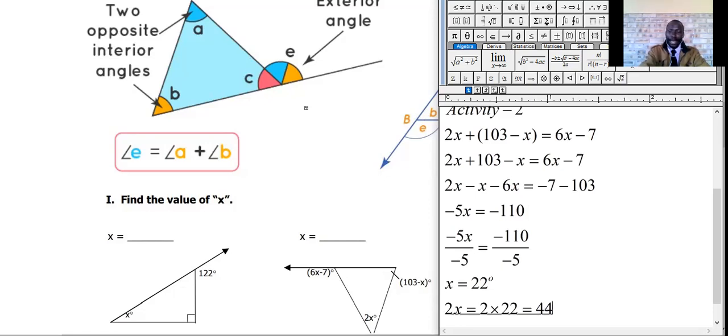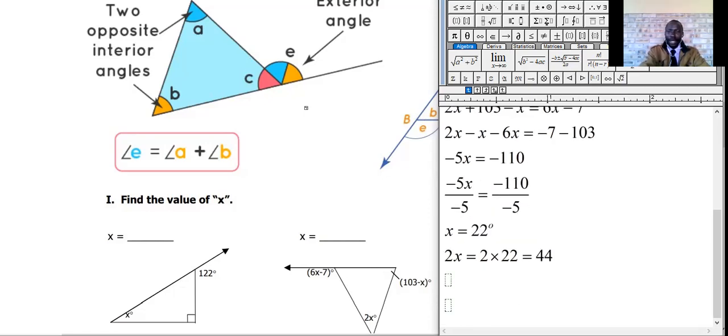Then now, the other angle, which is 103 minus x. This angle here is now going to be 103 minus 22. So we are going to be having 103 minus 22. What will this one give us?